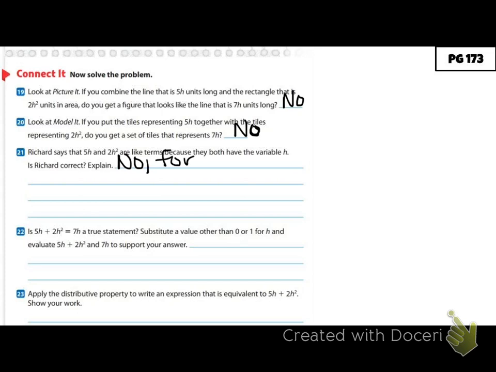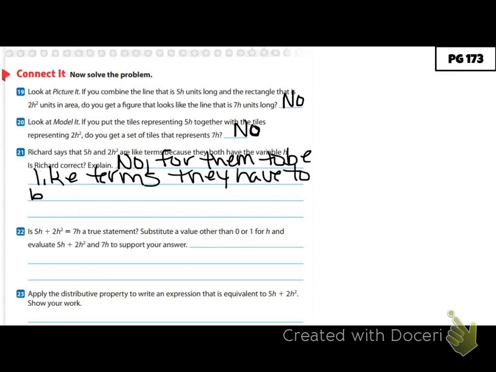For them to be like terms, they have to be exactly the same. So if you have h squared, it is not going to be the same as just an h.